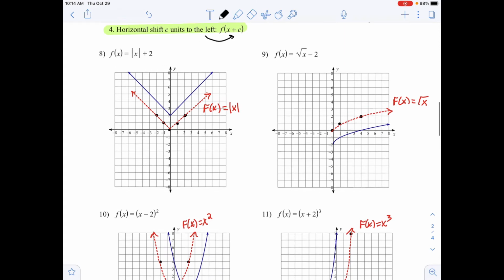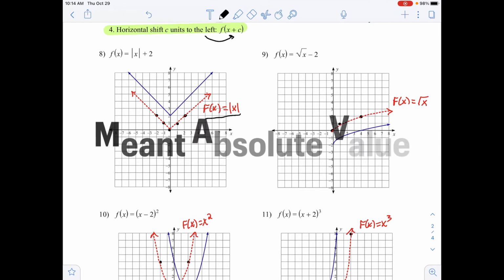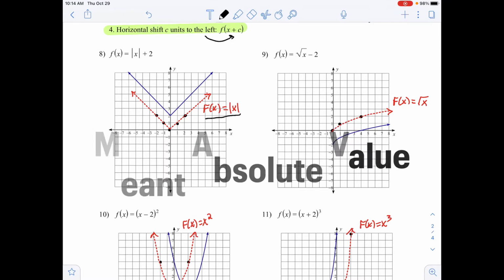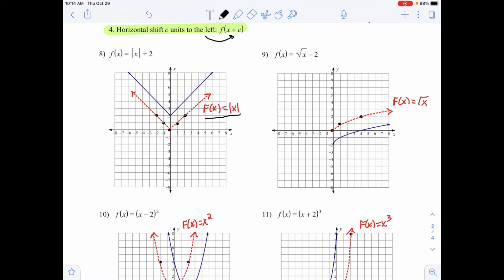So let's look at the first examples here. Now what you'll notice is in the red, I have the parent function. So f of x equals x squared right here. That is the parent function of this function that we've shifted. F of x equals the absolute value of x plus 2. So I did that so we can see how we are going to get this function.